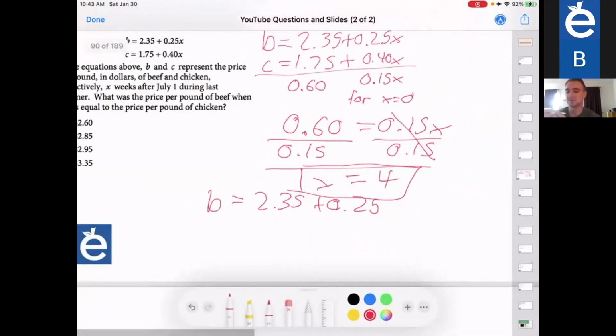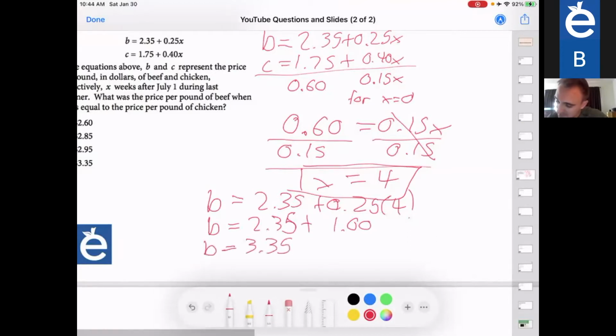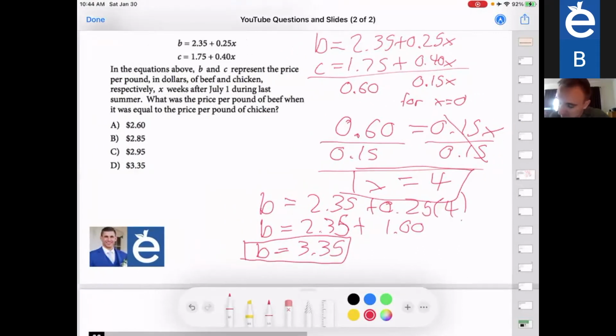Sorry, I'm having some problems here with my Apple Pencil. There we go. Times 4, and solve for b. b is equal to 2.35 plus 0.25 is a fourth, times 4 will give us 1. So b will be equal to $3.35. See here, that is D.